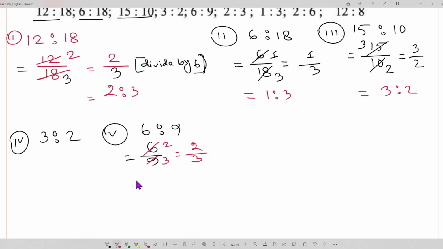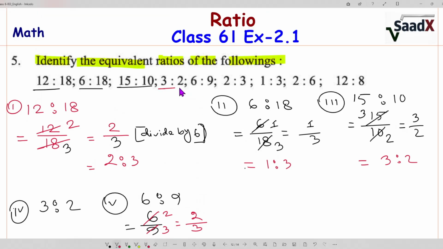So we can write 2 is to 3. Then number 6, 2 is to 3, will be unchanged. Then number 7, 1 is to 3, is also unchanged.